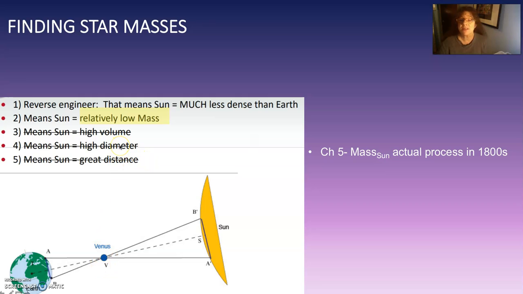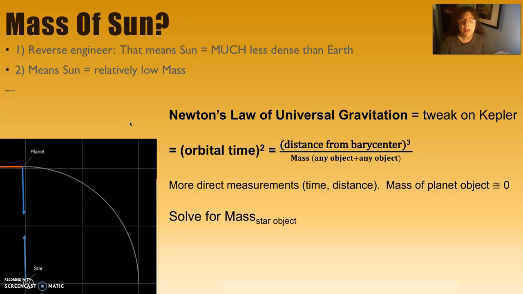We used the transit to get the diameter across the sun. We used the formula for the volume of a sphere to get the volume of the sun, which was based on the diameter of the sun. And then from there, we were able to get the mass of the sun. Let's take a look back at how we did that.